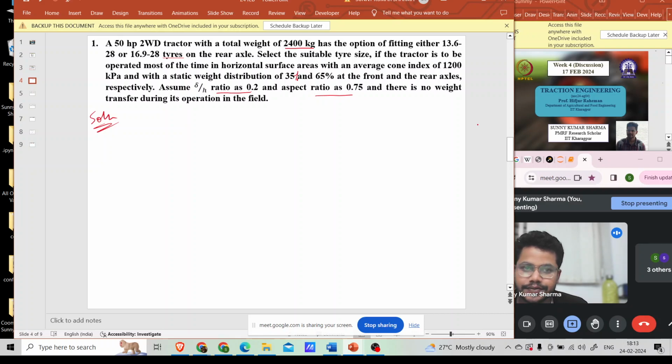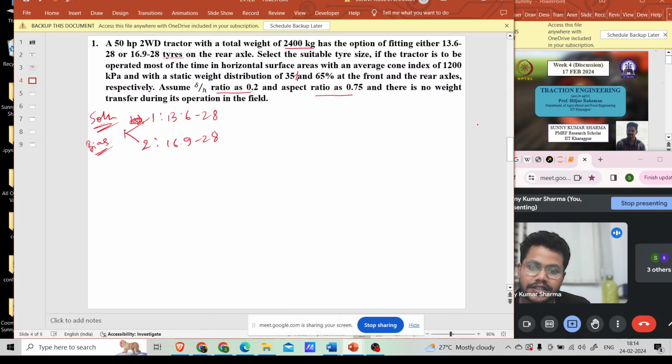First, there are two wheels, first wheel and second wheel. One wheel has dimension 13.6 into 28 and the second wheel has 16.9 into 28. Sivaraman, is it a radial tire or bias ply tire? Yes, because R is not here.